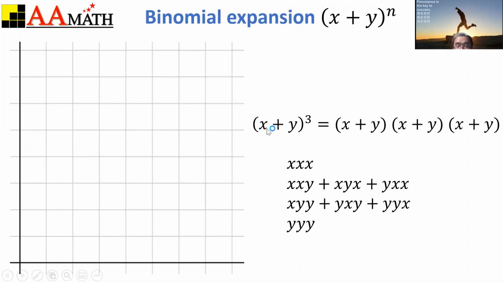So we have x plus y to power 3. That's equal to x plus y times x plus y times x plus y. So at each step, you can either pick an x or a y. That's just like going through the graph. If you pick x all three times, you're going to reach here. 1x, 2x, 1y, you're going to reach here.